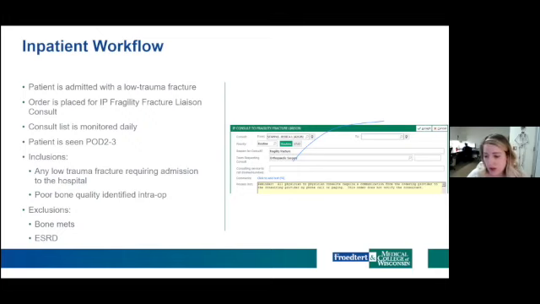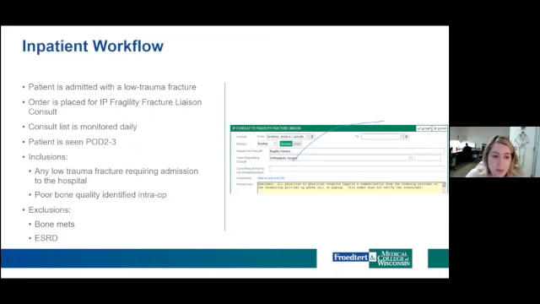So anytime a hip fracture comes in to the ED that gets admitted to the hospital, this is an automatic consult that they'll see. So that saves me a little bit of time on having to search for these patients. And it's definitely been one of the ways we've been more successful in being able to capture these patients right away on the front end.